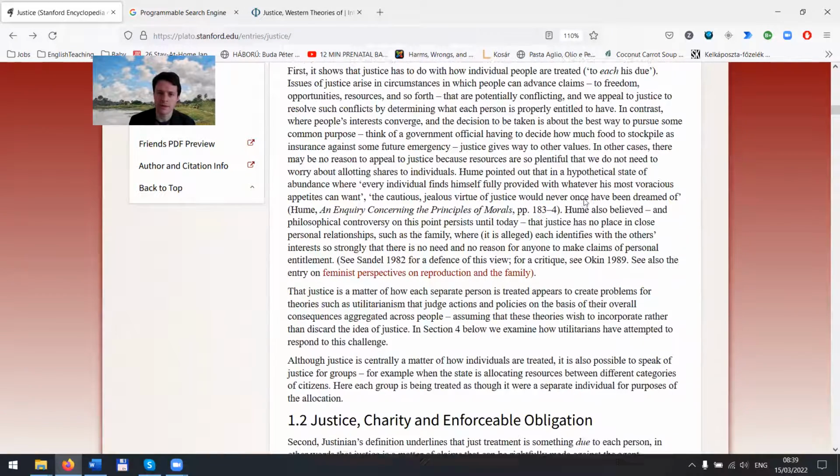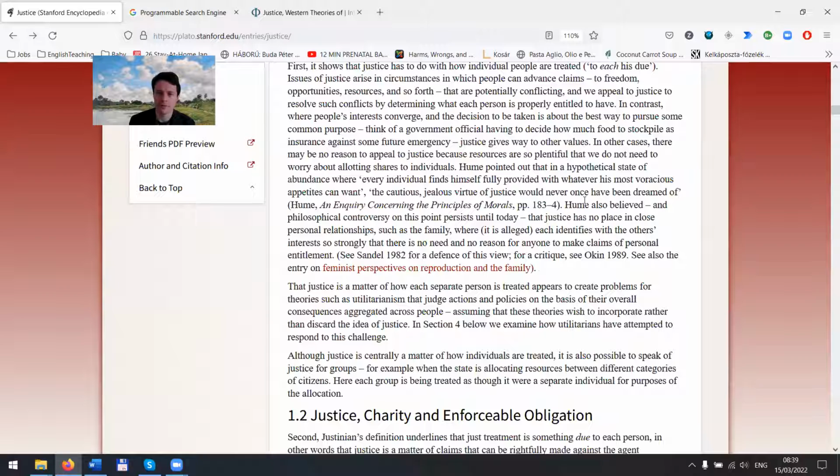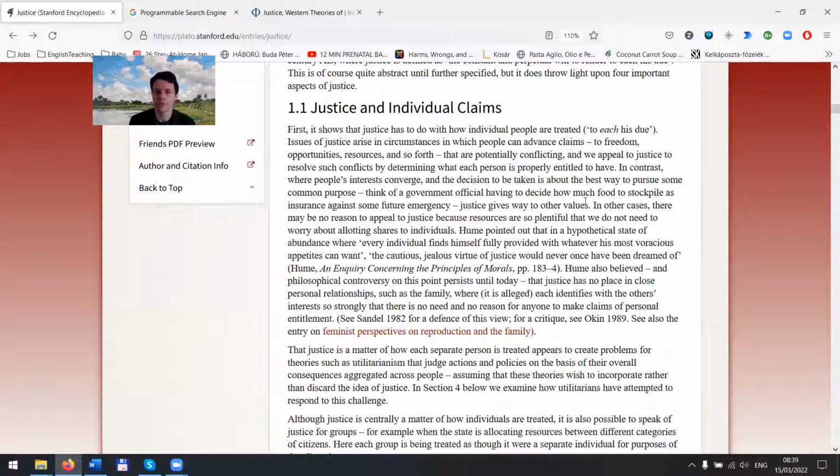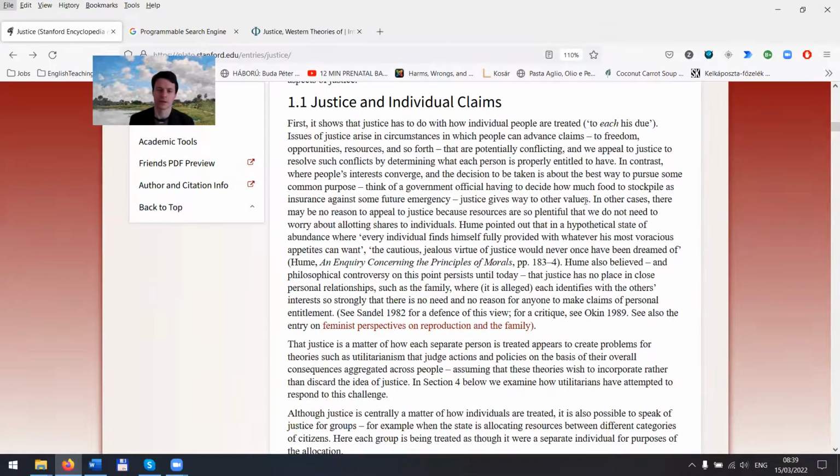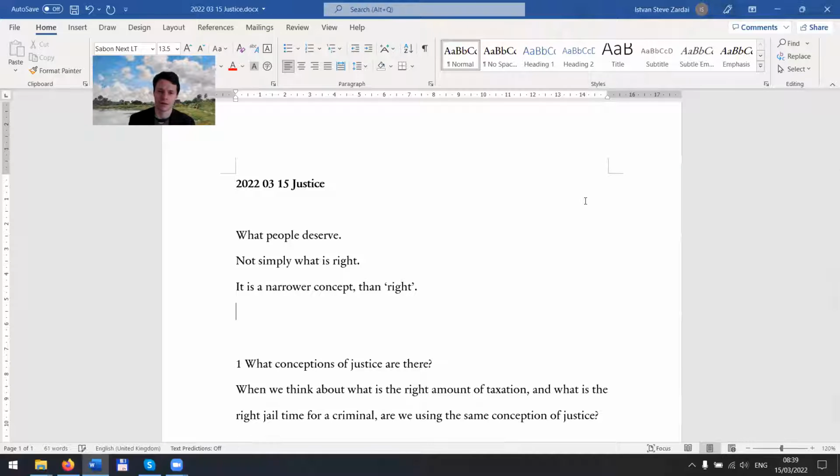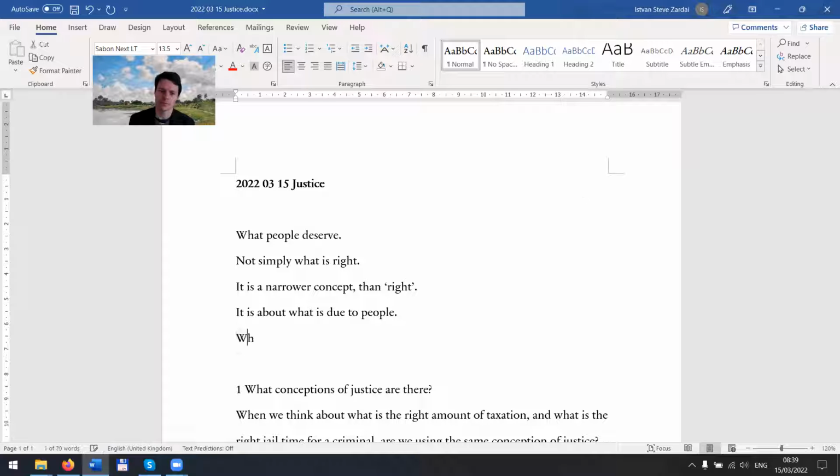And we can look at whether justice is the kind of thing, whether this kind of notion of impartial deserves is about what is due to people. And we can ask one question: what is due to a criminal? Or maybe what does a criminal deserve?